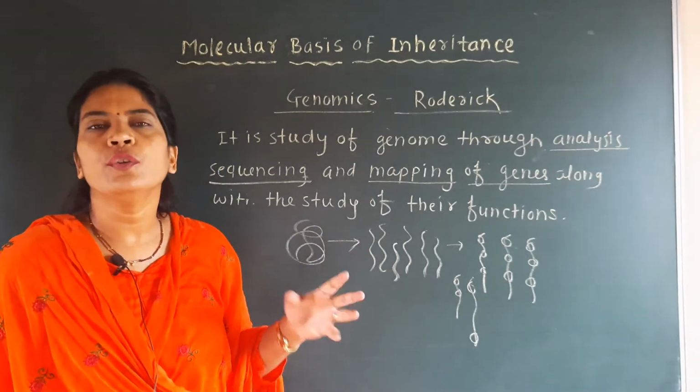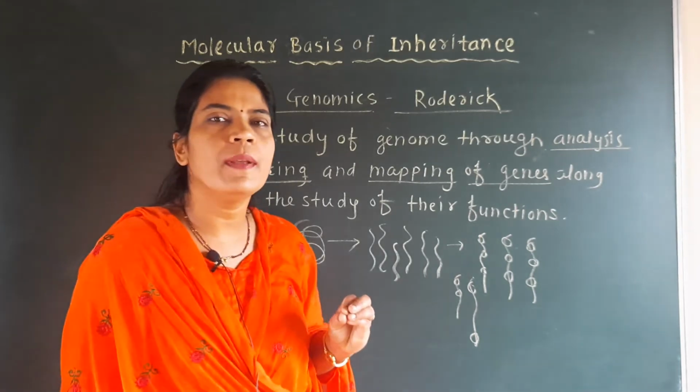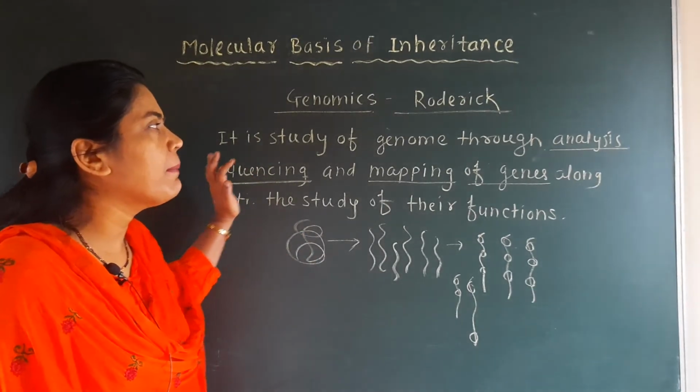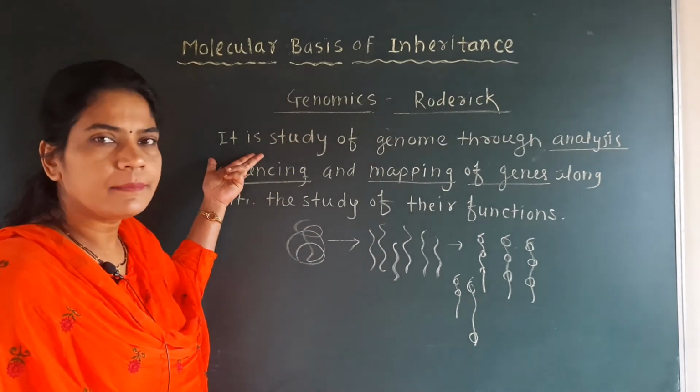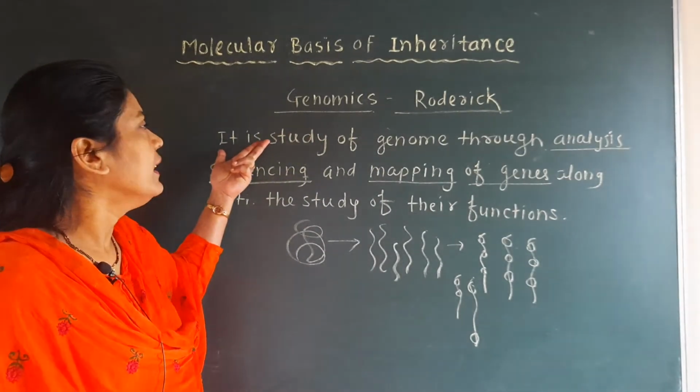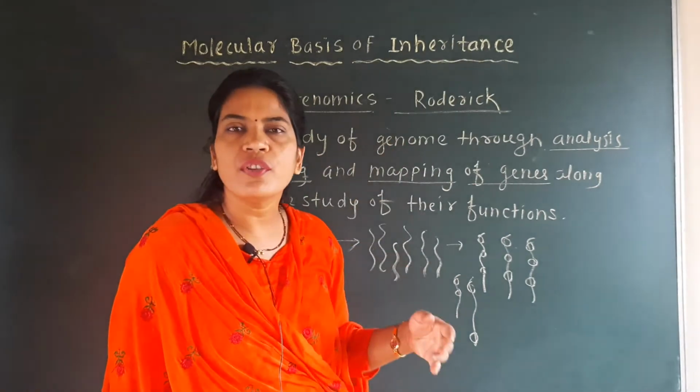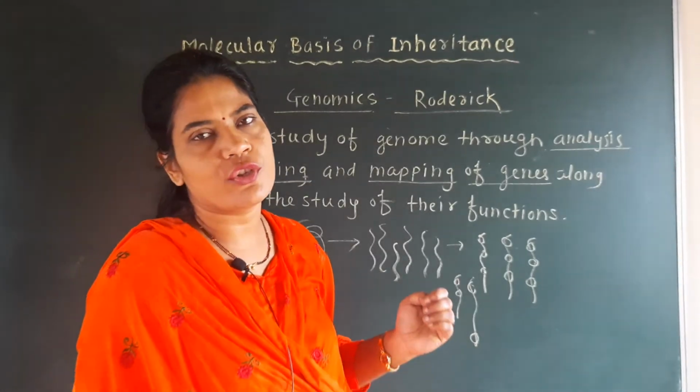So see here, you should understand the term genomics. The term genomics was given by the scientist Roderick, and genomics is the study of the genome. And what is genome? Genome is the genetic constitution of an organism.